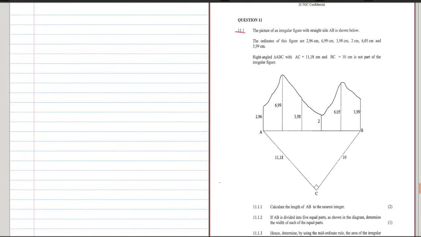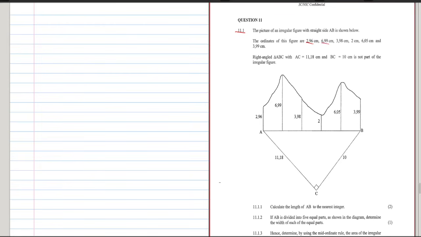The picture of an irregular figure with side AB is shown below. We have the ordinates of the figure, which are basically the heights. They vary in length: 2.96, 6.99, 3.98, 6.05, and 3.99.